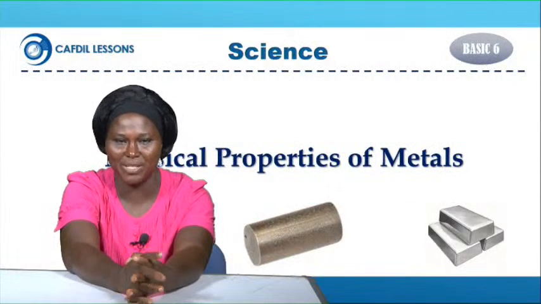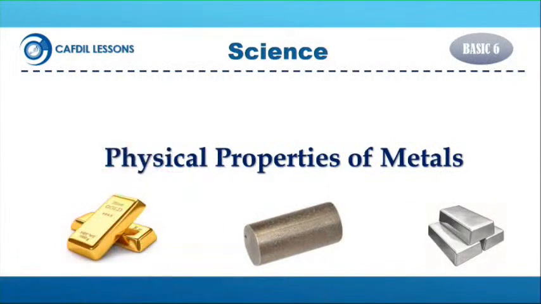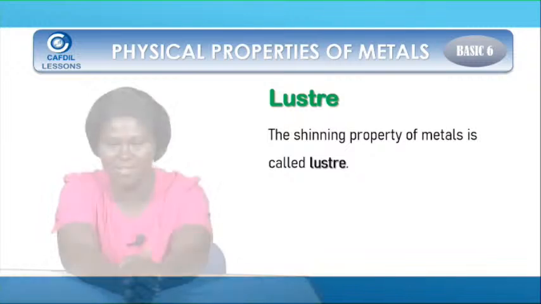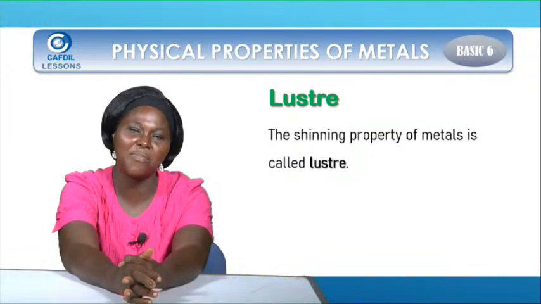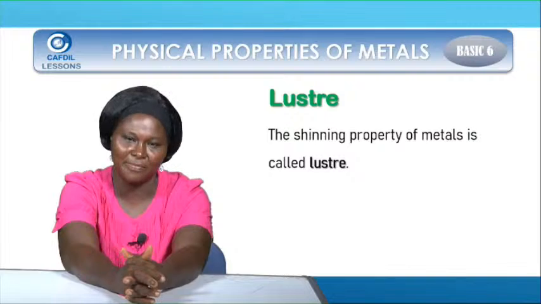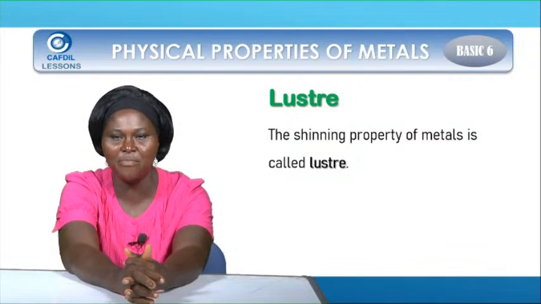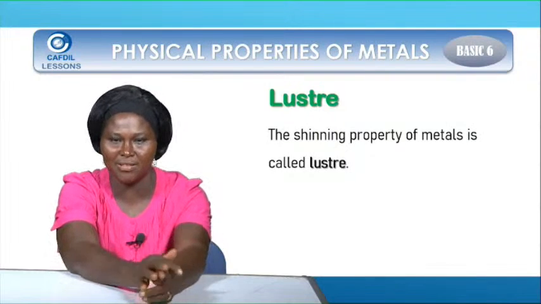So let's go to the physical properties of metals. The first physical property is luster. This is the shining property of metals.